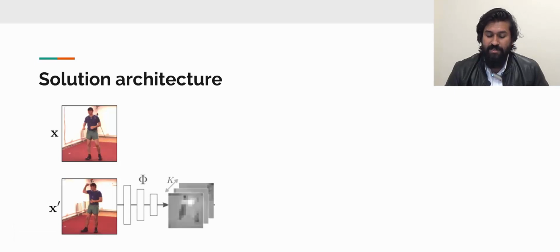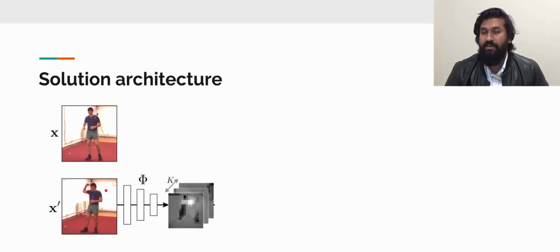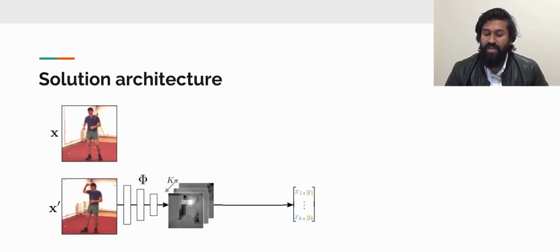And then they are trying to reconstruct the target image, and in the process of that they will obtain the landmarks. So first the target image is passed through a deep network to get some heat maps. Here they are obtaining k heat maps, 1 for each landmark, and after that we can make an assumption that in these heat maps we'll get some pixels which will have a dominant response.